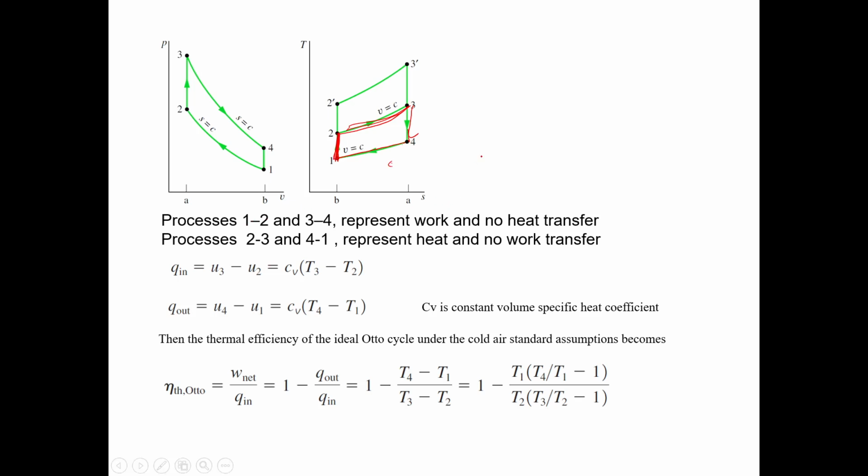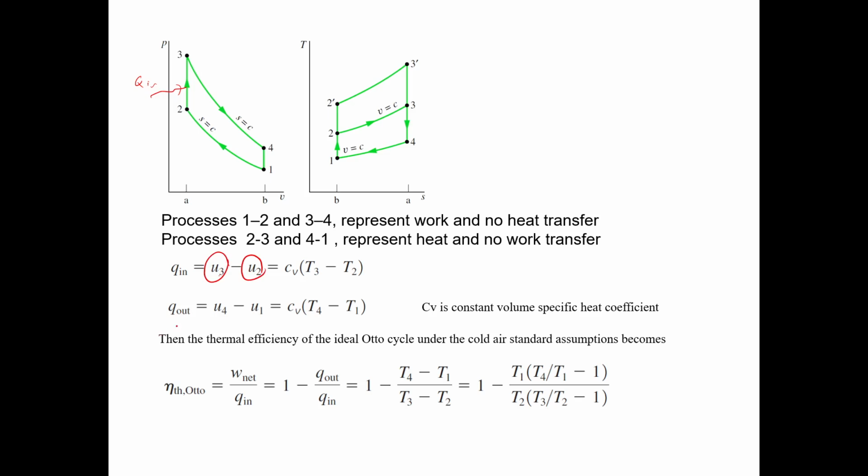So let me derive the equation for eta. The Q in, we can write Q in equal to U3 minus U2, where U means internal energy at point 3 minus internal energy at point 2.